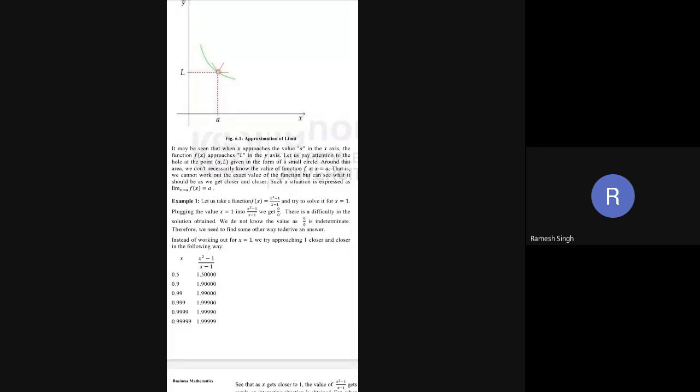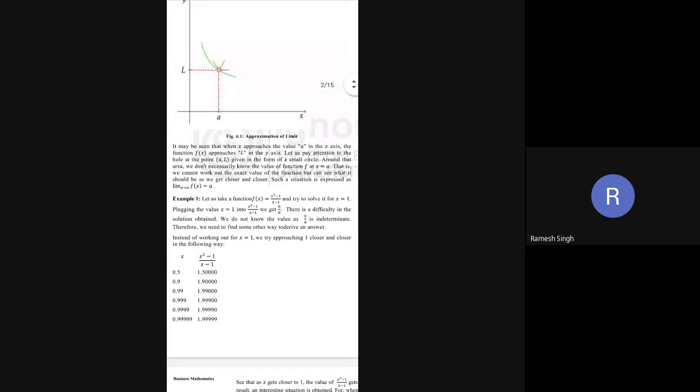So in this case, x is not taken as exactly 1, but just nearest to 1. It may be less or it may be more, but nearest to 1.